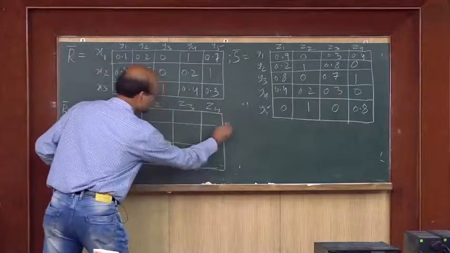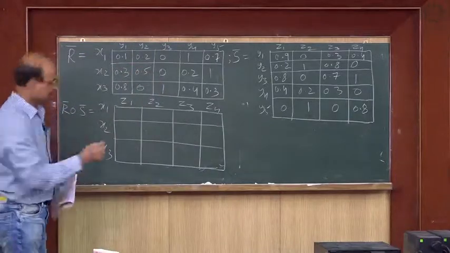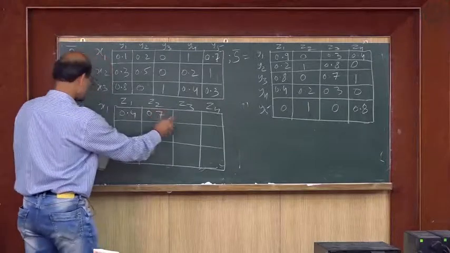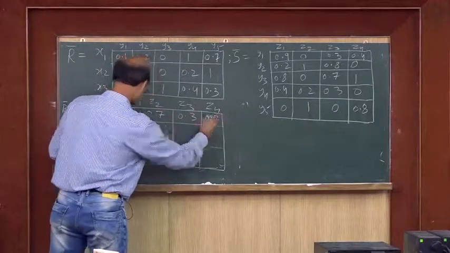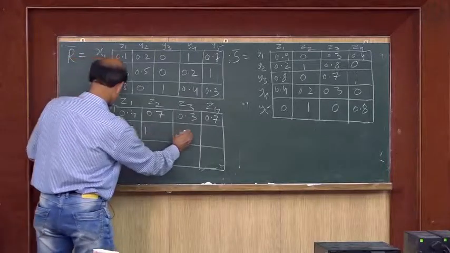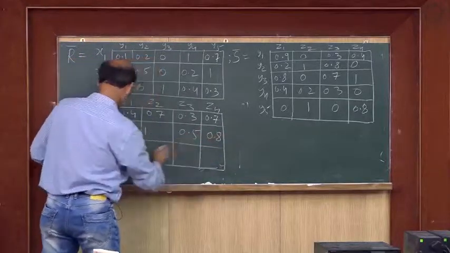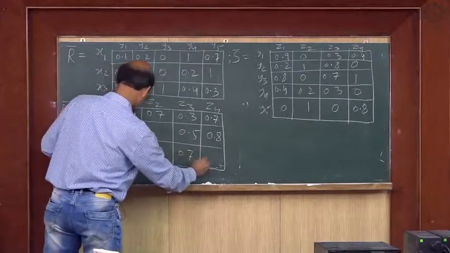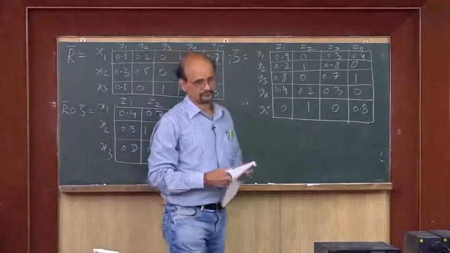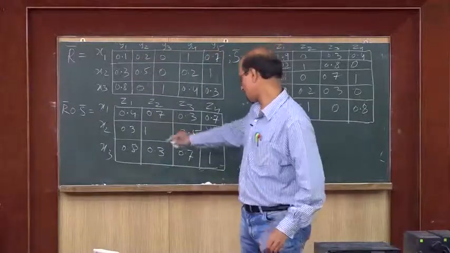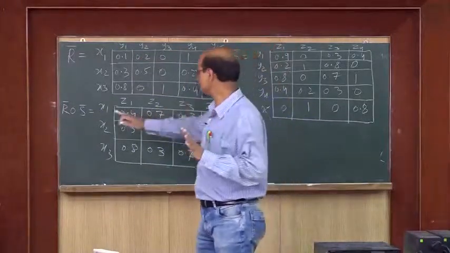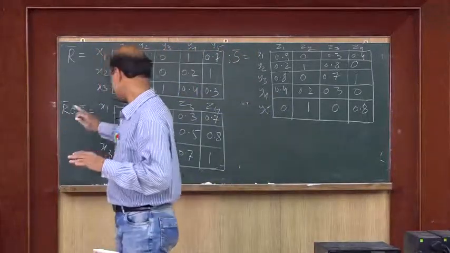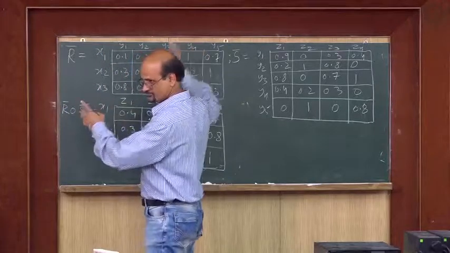Okay. So the first one we got is 0.4. Next, I hope you will get 0.7, check this, 0.3, 0.7, 0.3, 1, 0.5, 0.8, 0.8, 0.3, 0.7, 1. Okay? After doing this for all the rows, you will get this. This is your composition from R to S, meaning from X to Z.